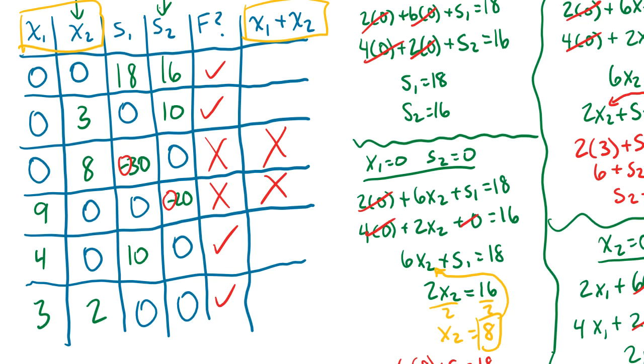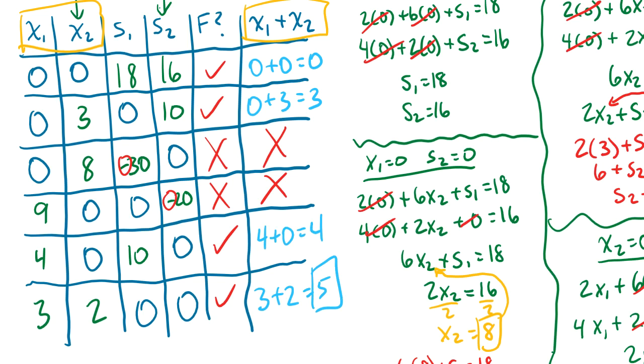So if we start plugging this in, first one's always nice and easy. It's just going to be 0 plus 0 equals 0. The second one, we'd have 0 plus 3 equals 3. Down here we have 4 plus 0 equals 4. And then 3 plus 2 equals 5. 5 is our biggest one.